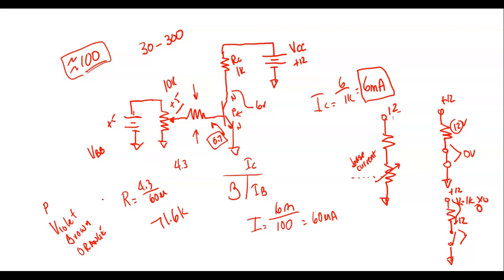Yeah. So we got two power sources. We have VBB, which is setting the base voltage, and it's a pot. So what can I do with a potentiometer? Well, I can adjust it all the way up here and I would get 5 volts. If I adjust it all the way down here, I'd get 0 volts, right?